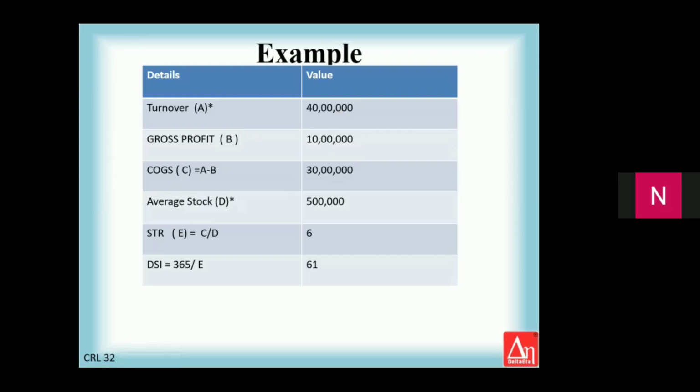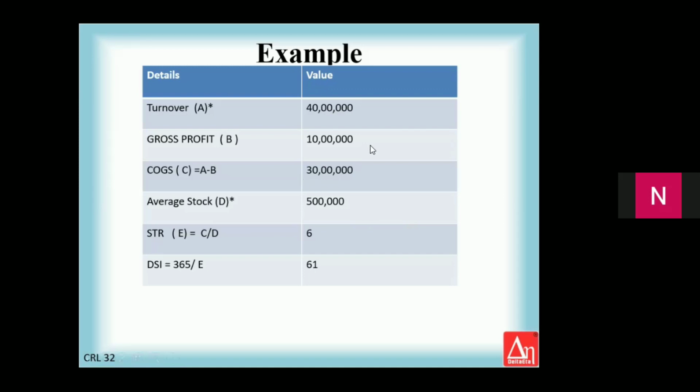So in a year, you are doing a turnover of 40 lakhs and you have a gross profit of 10 lakhs, 25% gross profit. So your COGS works out to 30 lakhs. The average stock you are keeping in the organization throughout the year is 5 lakhs.